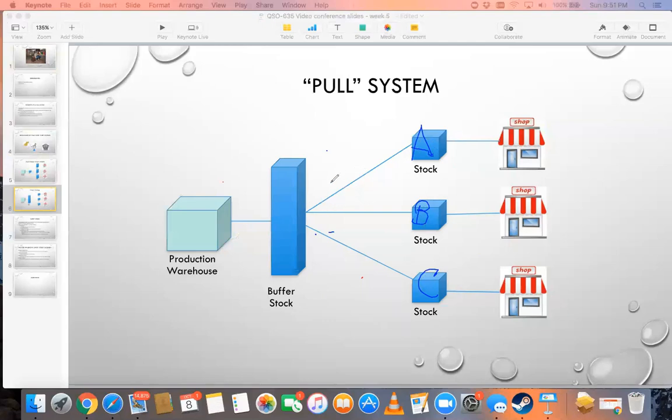And at the point that the modularity stops, where they no longer share the same modular components, and now we talk about what differentiates A from B and what differentiates B from C, we can put buffer stocks before that modularity point to keep the stocks going for all 3 products, up to a point that all 3 products share the same subparts.